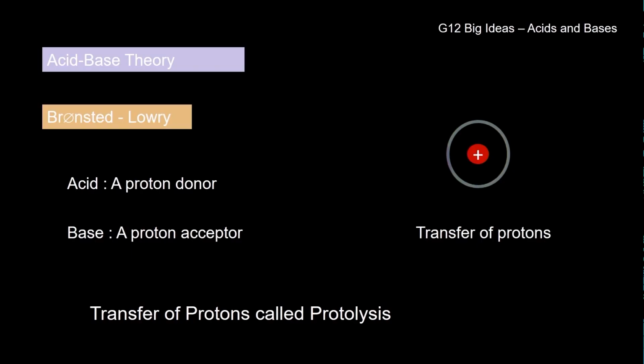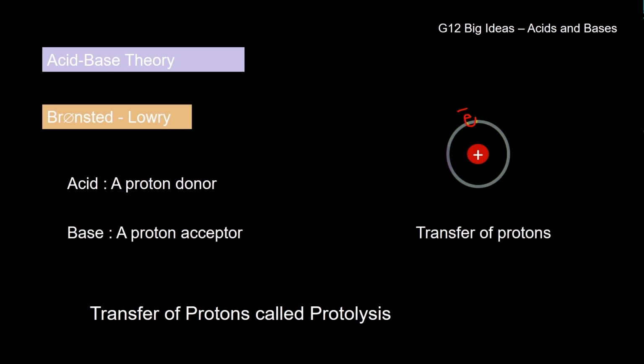So there needed to be a theory that encompassed a lot more of the other substances, and that's where the Bronsted-Lowry theory comes in. Bronsted-Lowry is a theory that speaks about protons. If we have a look at this hydrogen atom on the screen, hydrogen has 1 proton and 1 electron.